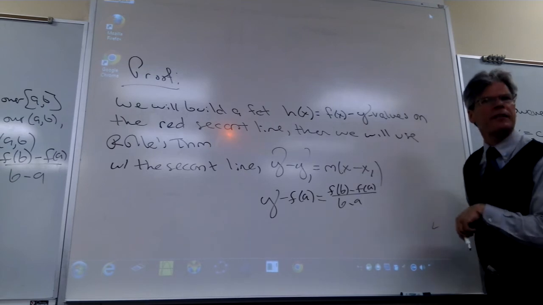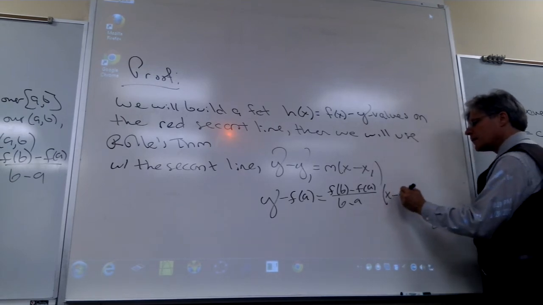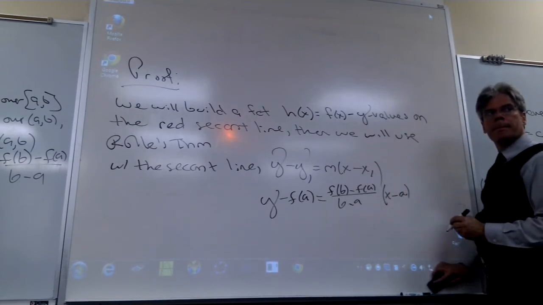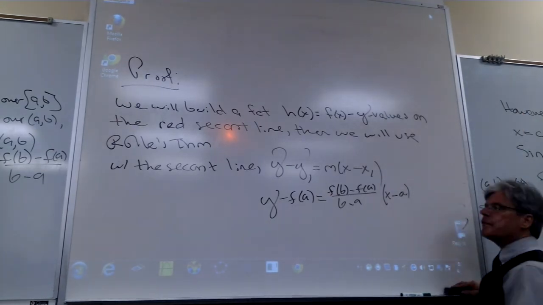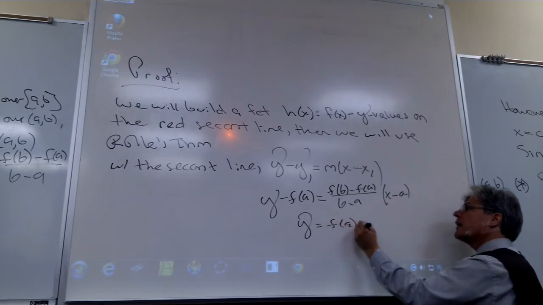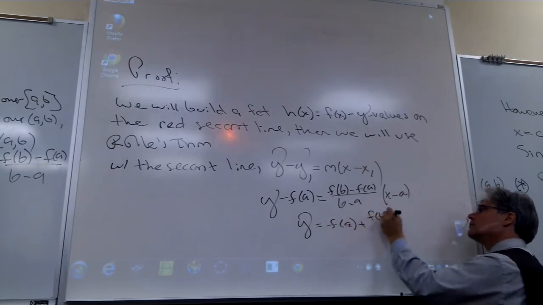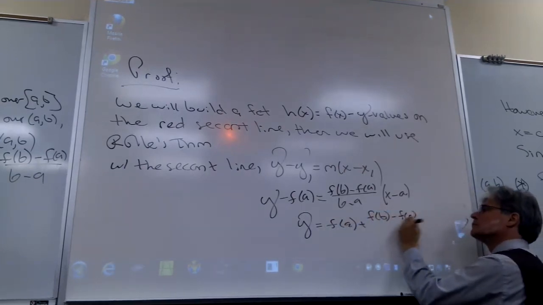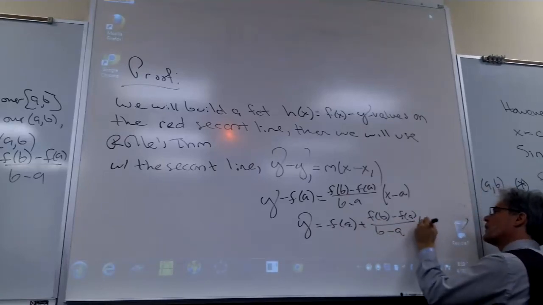Oh shoot, I lost my last factor. Is that an x minus a? So I think the y values on my secant line can be determined by just looking at f of a and adding to that this fraction times x minus a.